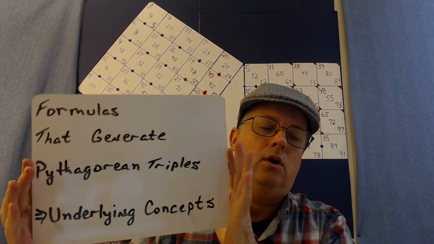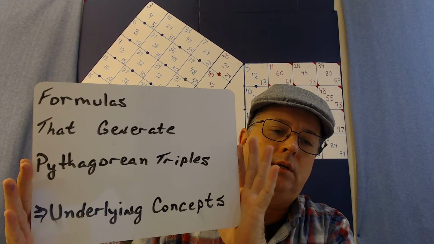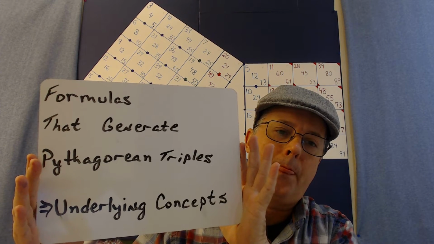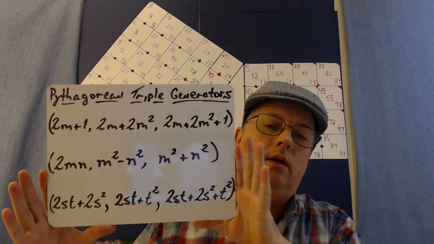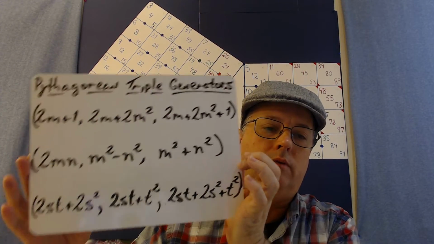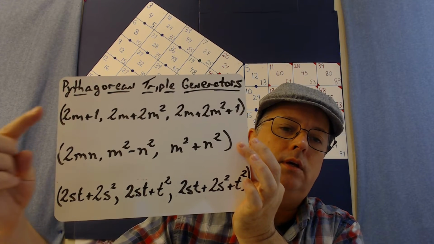Now, in this series of videos, we are looking at formulas that generate Pythagorean triples and the underlying concepts. And so these are the three formulas that generate Pythagorean triples that we have talked about in previous episodes in this series.